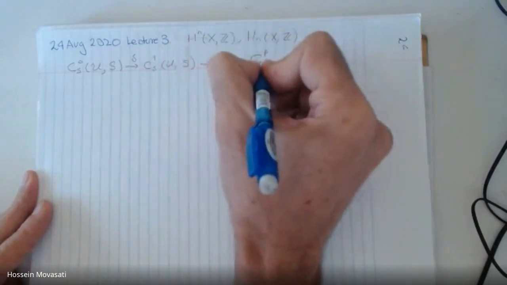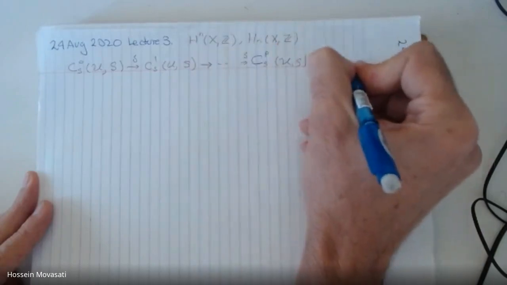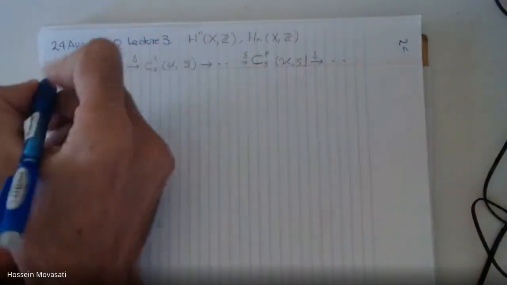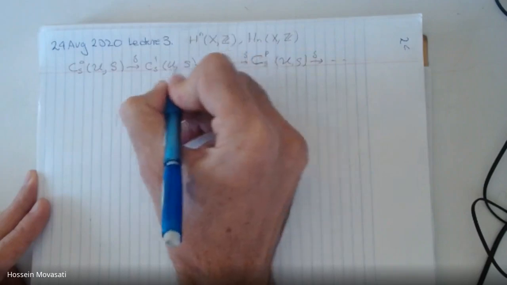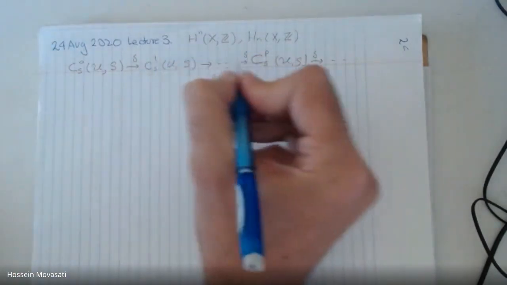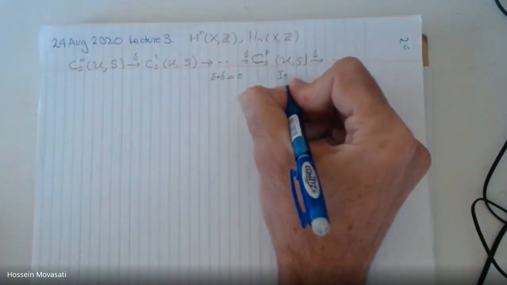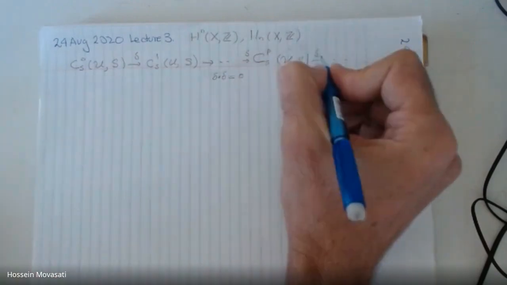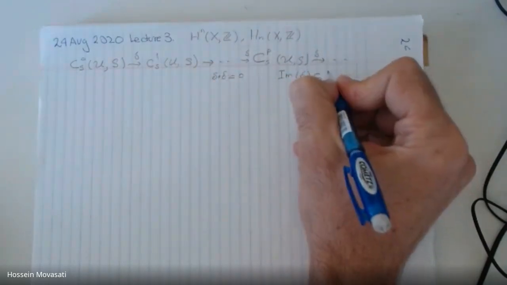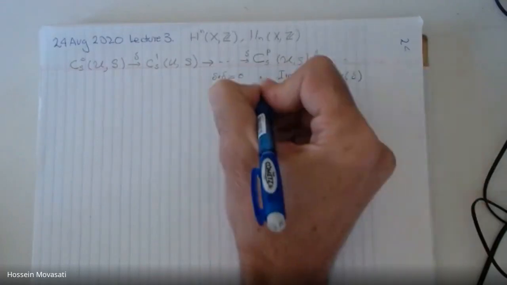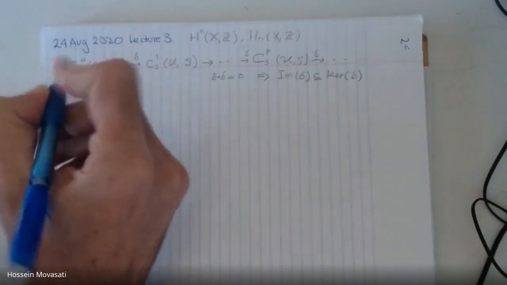Very fast, I will say that this proposition I mentioned but didn't prove is that the composition of two consecutive deltas is 0, and for this reason the image of one delta lies in the kernel of the next delta, and that's how we defined the cohomologies.